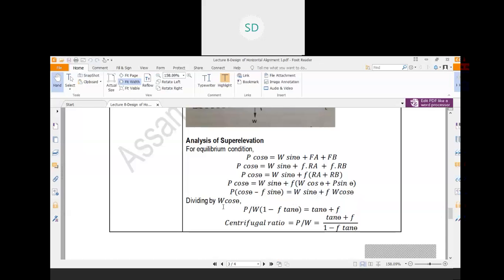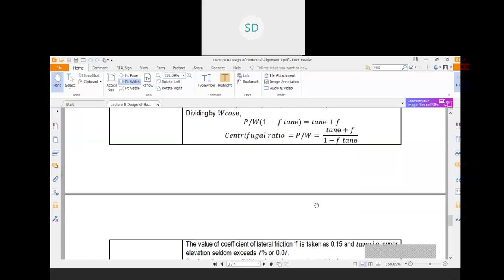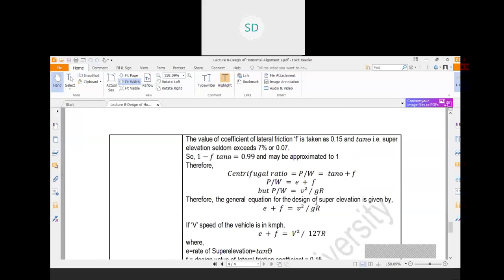Dividing by W cos theta, you will get P by W into (1 minus F tan theta) equal to tan theta plus F, or centrifugal ratio P by W equals (tan theta plus F) divided by (1 minus F tan theta). Now this tan theta is basically the super elevation provided there.